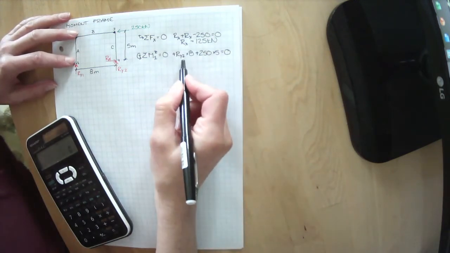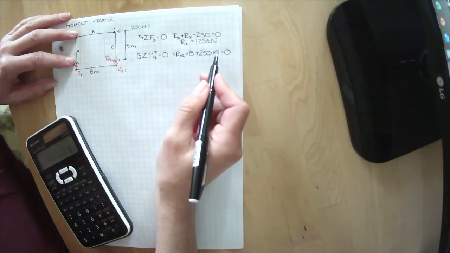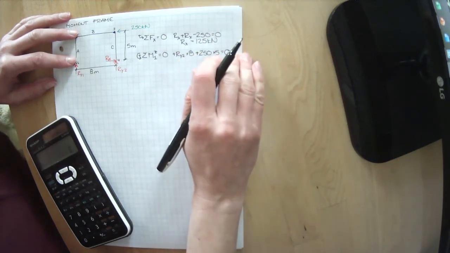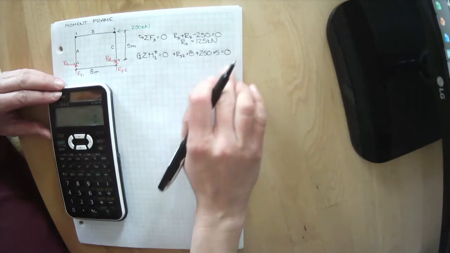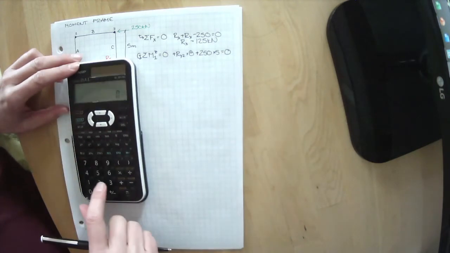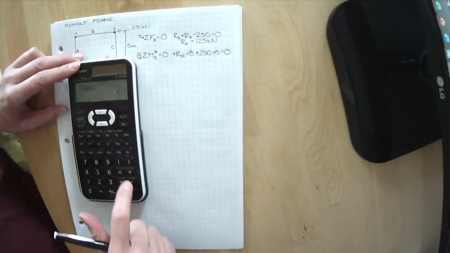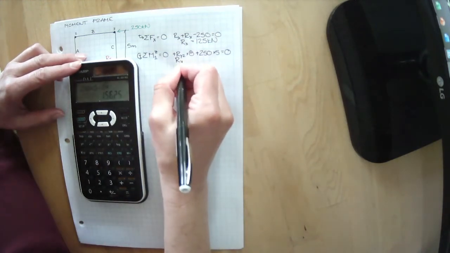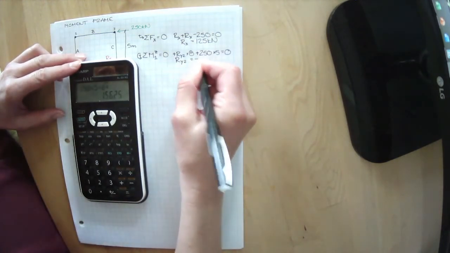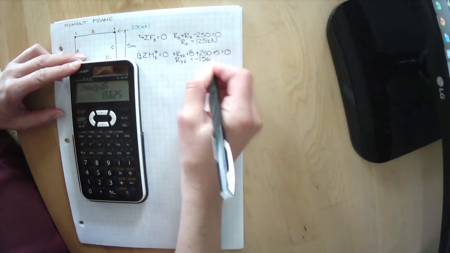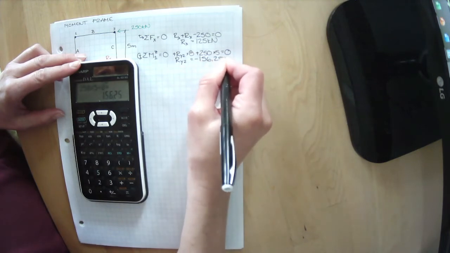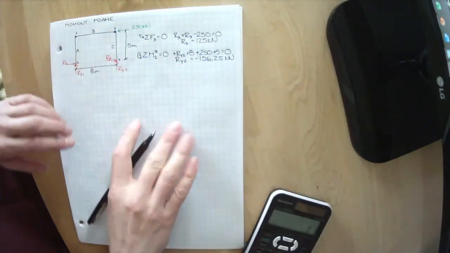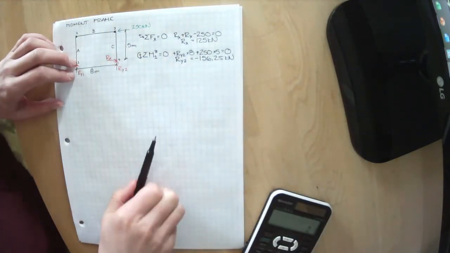So plus RY2 times 8 plus 250 times 5. We'll bring the 250 over to this side. It becomes negative, and we divide by 8. So 250 times 5 divided by 8. RY2 equals minus 156.25 kilonewtons. So that means this is trying to pull up out of the ground.